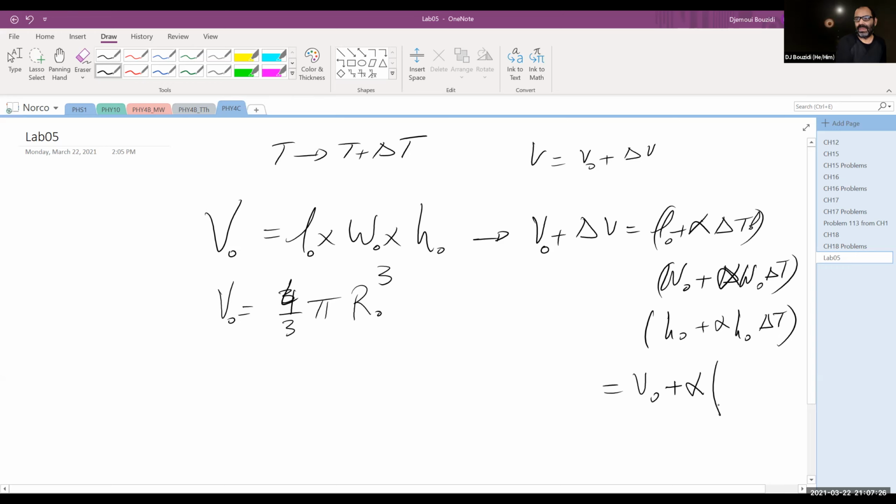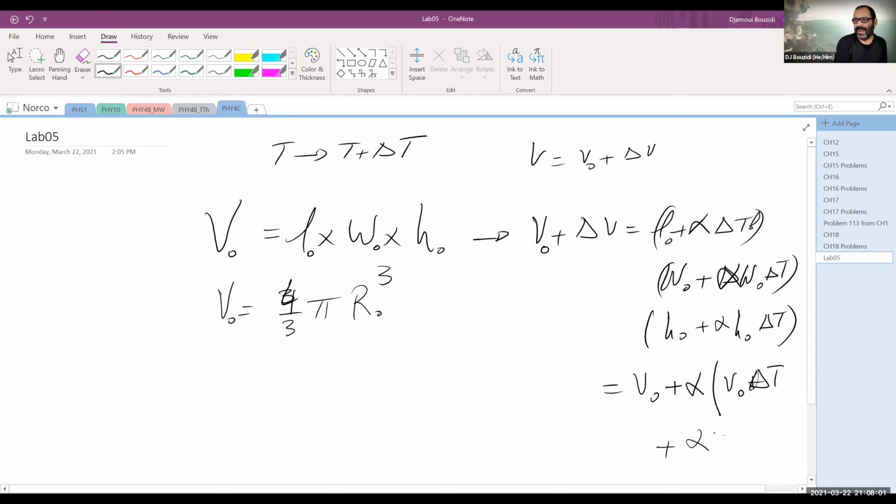So it will have alpha times V naught times delta T, plus the same term with W naught: alpha delta T times L naught times H naught. Again, W naught times L naught times H naught is V naught.